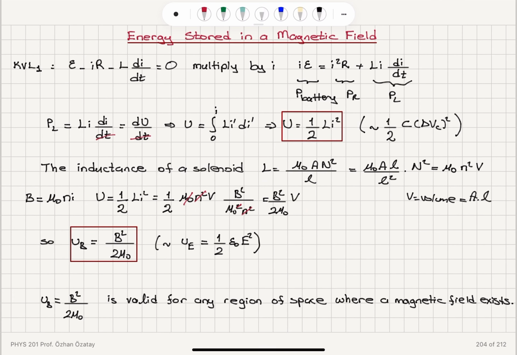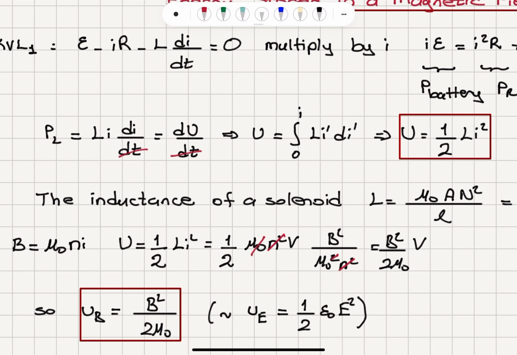And from this equation, if I multiply by I, I times V is the power. So this is power provided by the battery is I square R, the power delivered to the resistor, plus Li di dt, which is the power delivered to the inductor. And the power delivered to the inductor is the rate of change of its potential energy, du dt.